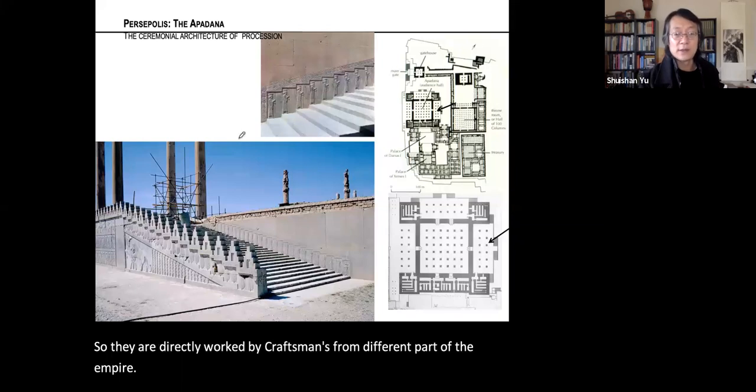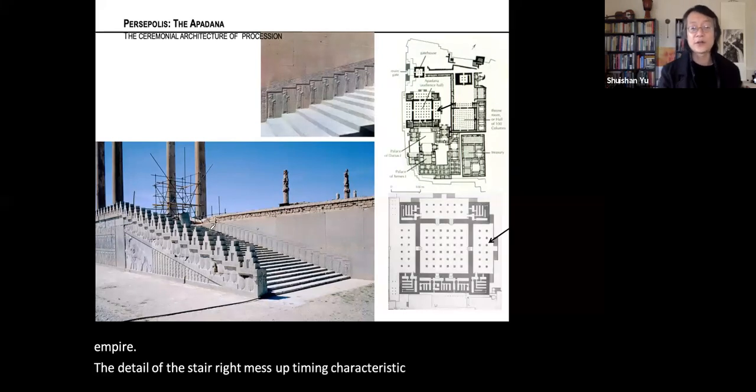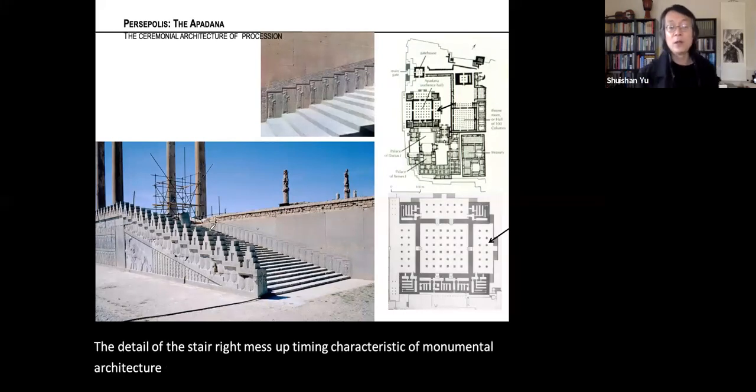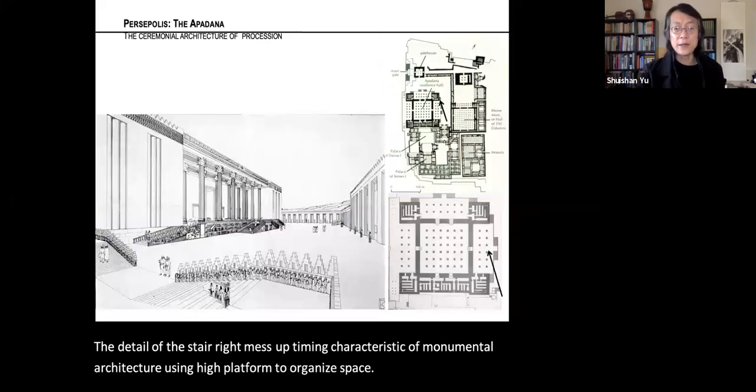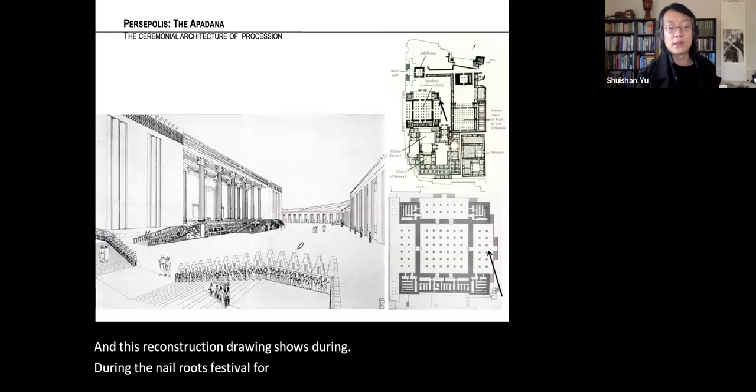The detail of the stair, right? A Mesopotamian characteristic of monumental architecture, using high platforms to organize space. And this reconstruction drawing shows, during the Nowruz festival, for example, what the space might look like, right?